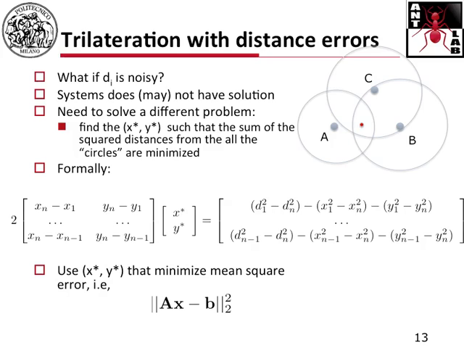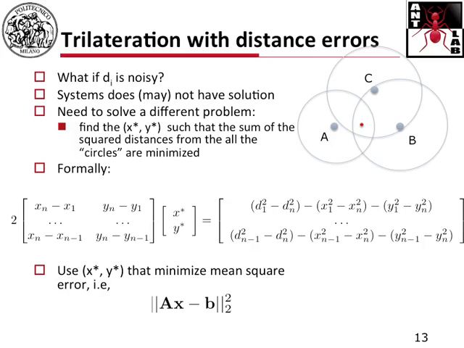Clear? So I don't have a single solution any longer, so I want to find an estimate, a suboptimal solution, such that this solution is as close as possible to the distance measures which you have retrieved through your parametric model. Clear?